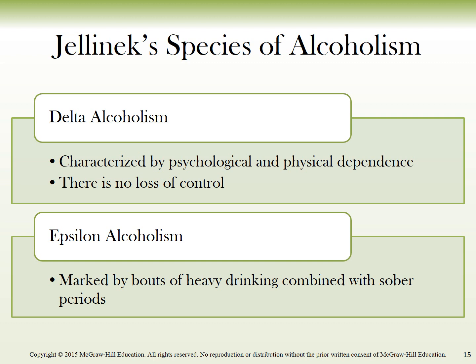If you look at the description here of what he called epsilon alcoholism, there are people who have alcohol binges. They meet the criteria for alcohol use disorder, but they go through periods of abstinence coupled with periods of heavy drinking. Binge drinkers, just because somebody's not drinking on a daily basis doesn't mean they don't meet the criteria for the diagnosis of an alcohol use disorder. It can and will look different in different people.